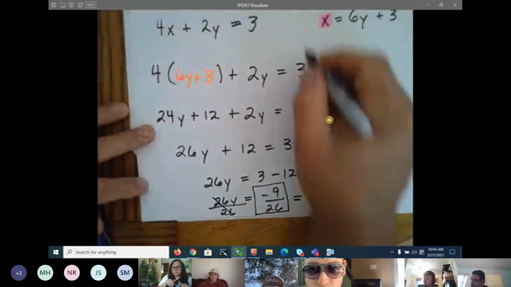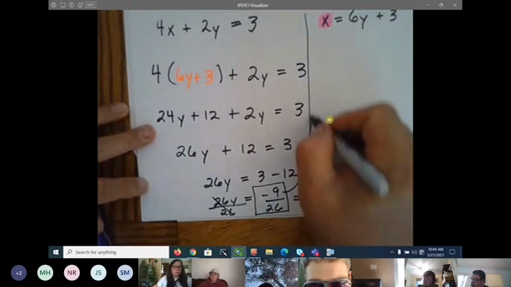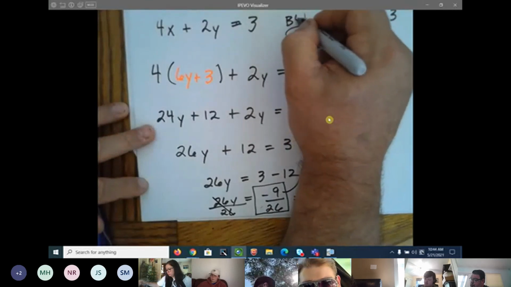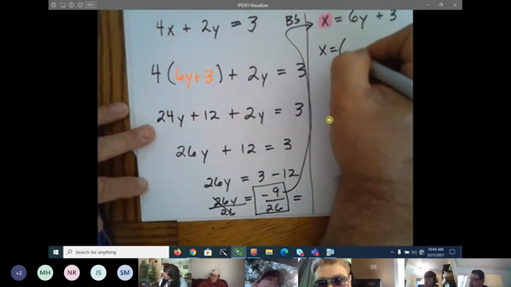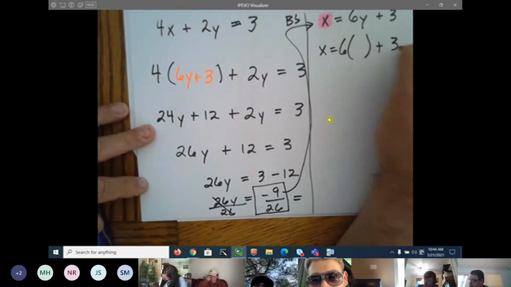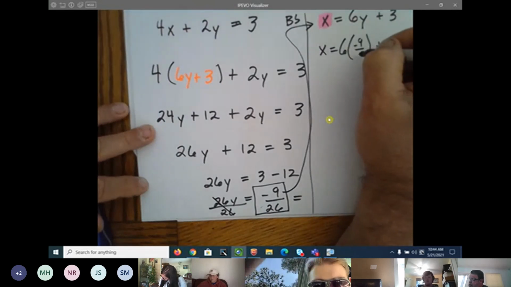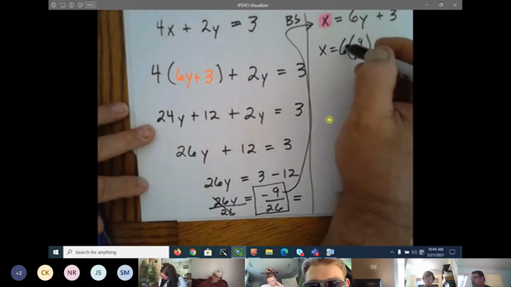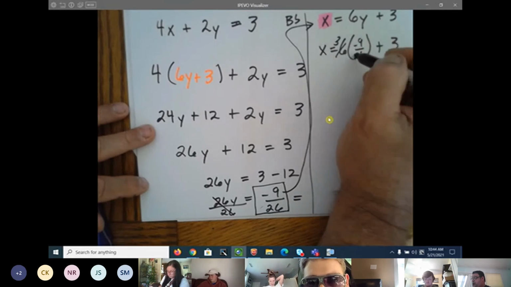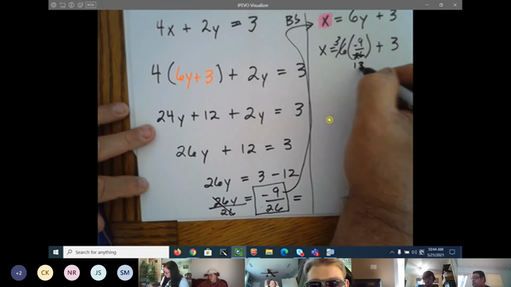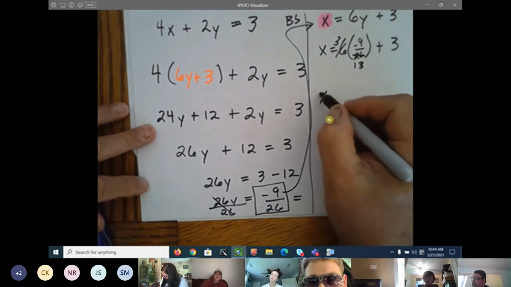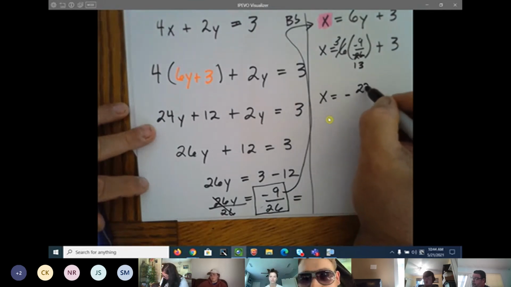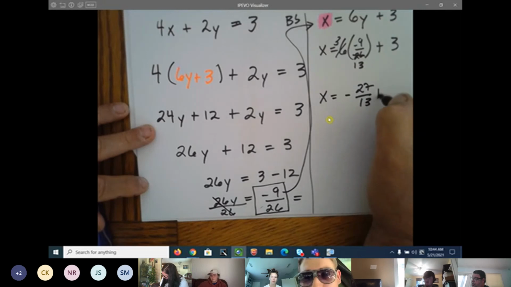So x, take that number and back substitute. x is equal to 6 times negative 9 over 26, plus 3. Well, that 26, let's see, 2 will go in here 3 times. 2 will go in here 13 times. So that's going to be x is equal to negative 27 over 13 plus 39 over 13.